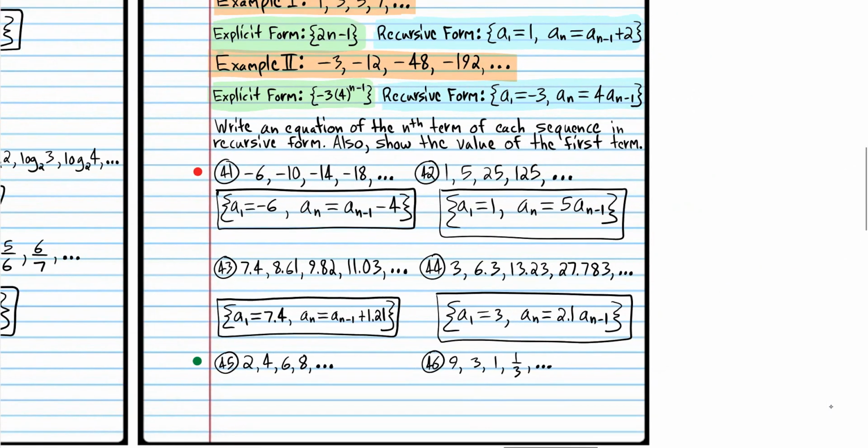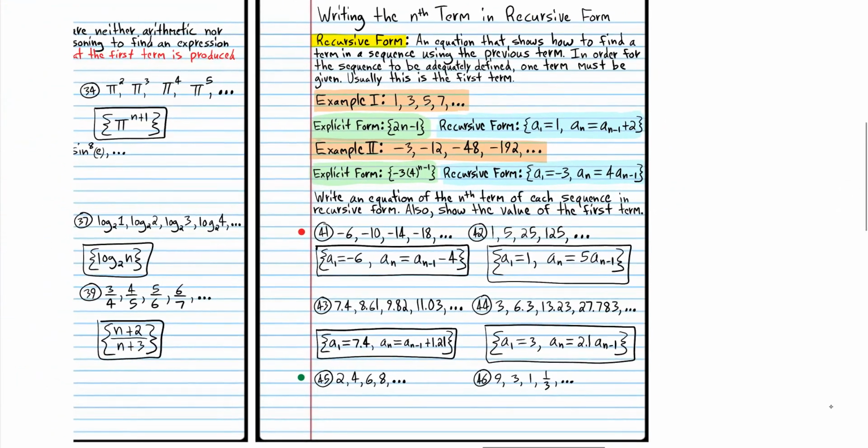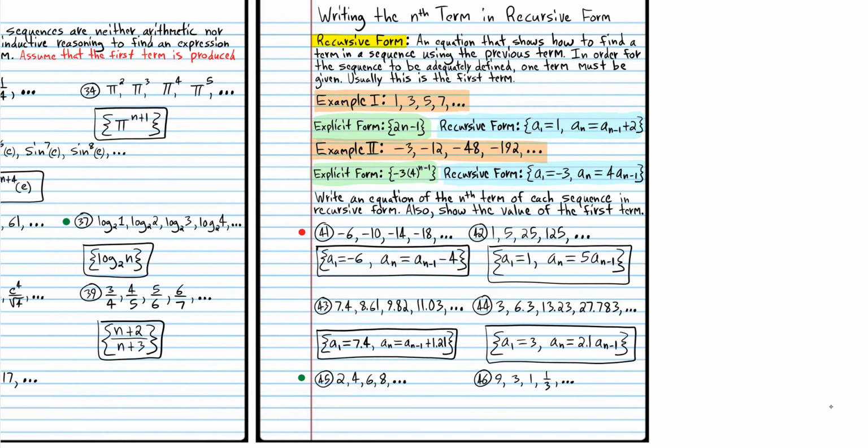Okay, so see if you can write some sequences in recursive form. Remember, you always have to have that reference point, which is usually the first term, and we're asked specifically to write the value of the first term. So try number 45. When you come back, we'll do it together. All right, we're back.